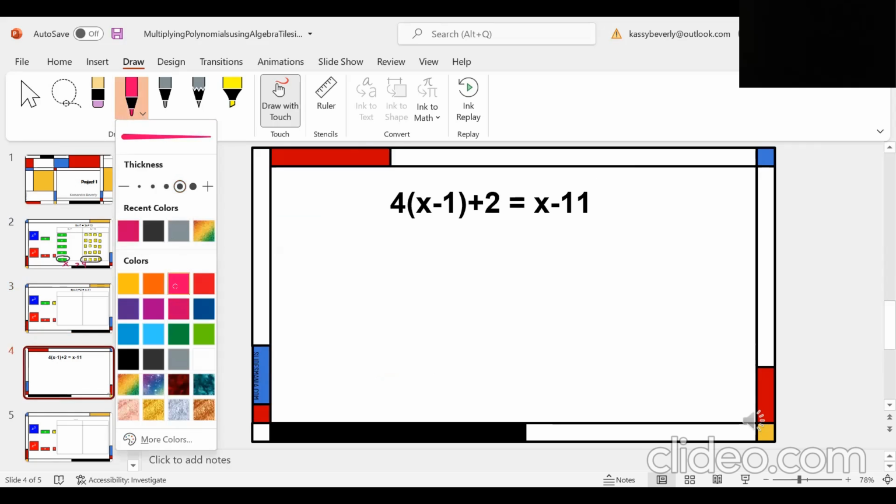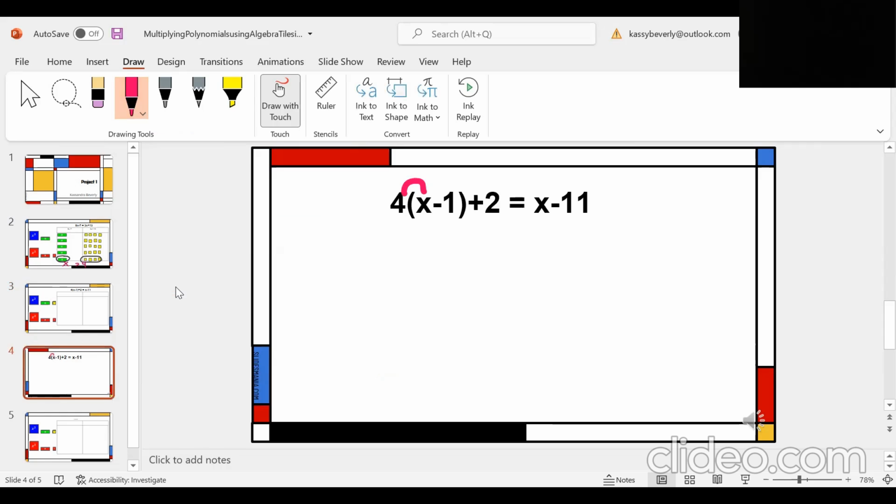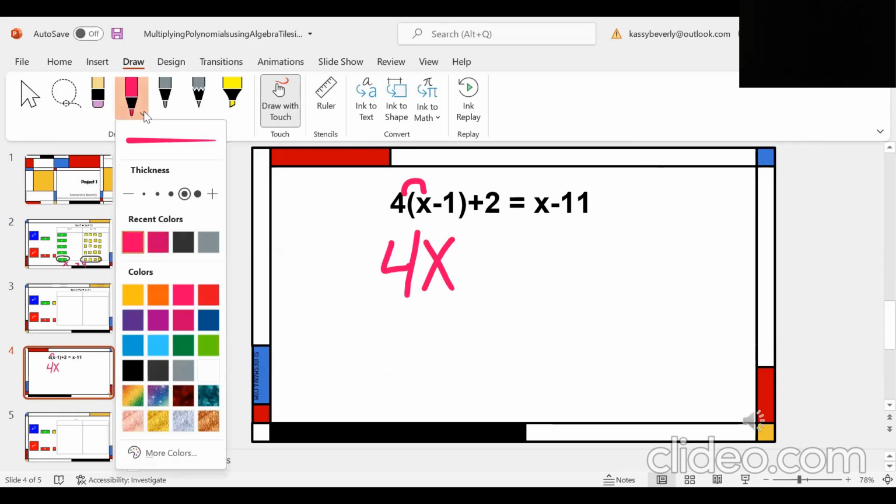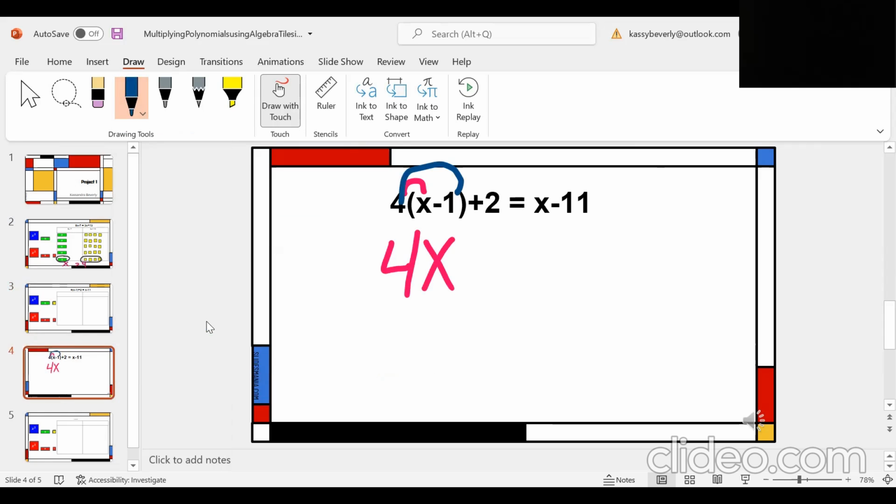So when doing the distributive property, we're going to take 4 times x, which gives us 4x, then 4 times 1, which gives us a negative 4, because it isn't 4 times negative 1. That subtraction there makes it a negative. All right.